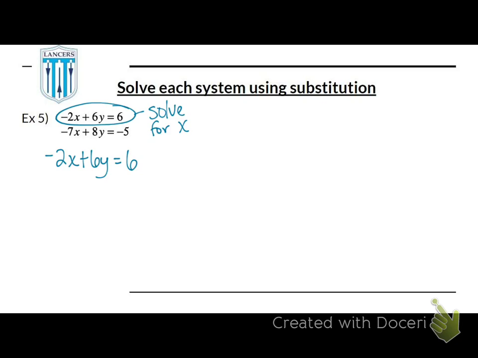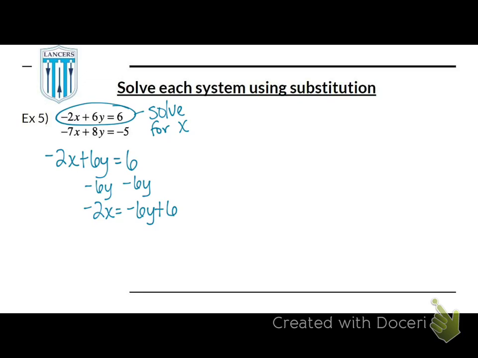All right, you could technically go ahead and divide, but usually we move the y term first. How would we move the y term? Subtracting it on both sides. -2x equals -6y plus 6.